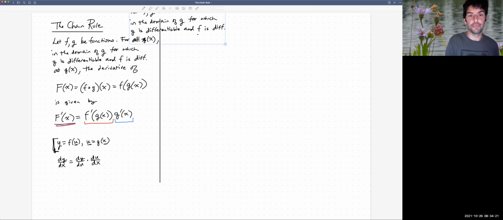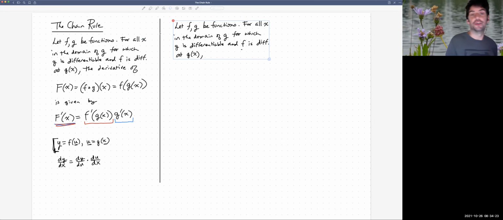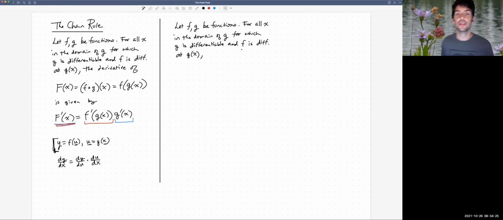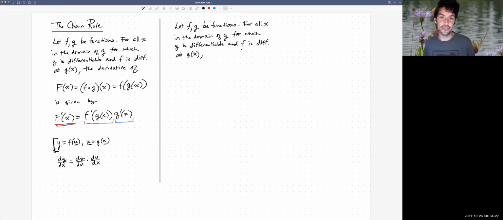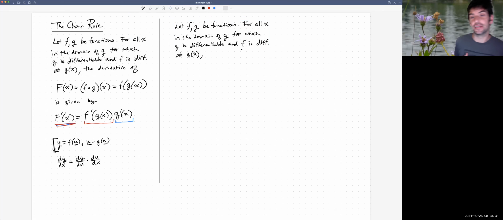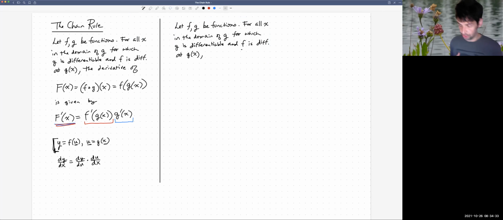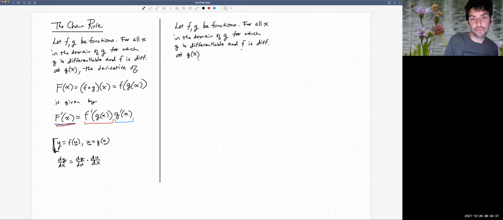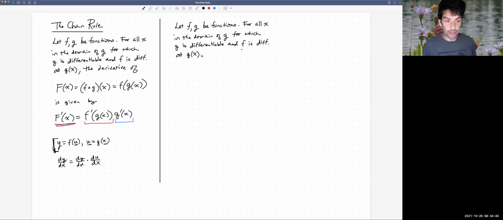Okay, so suppose we have functions f and g. We have x in the domain of g, for which g is differentiable and f is differentiable at g of x. So we're starting with all that. That's our givens. So we want to prove that we then have a derivative this way.